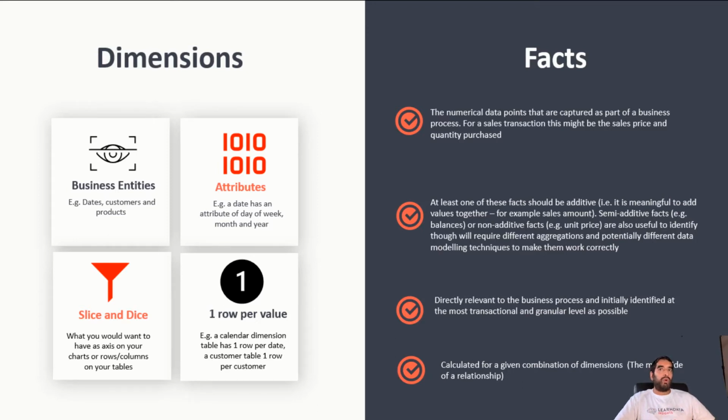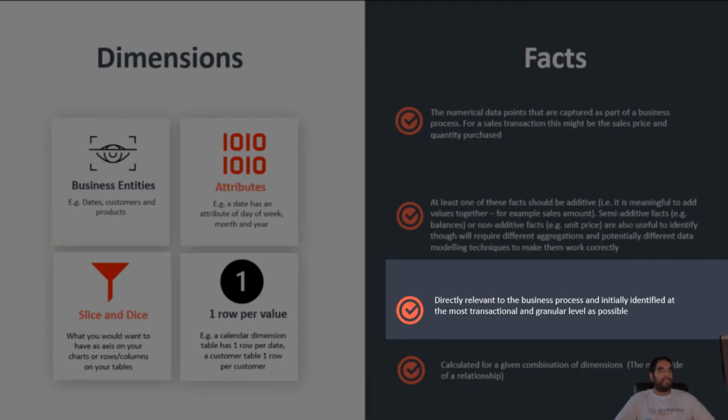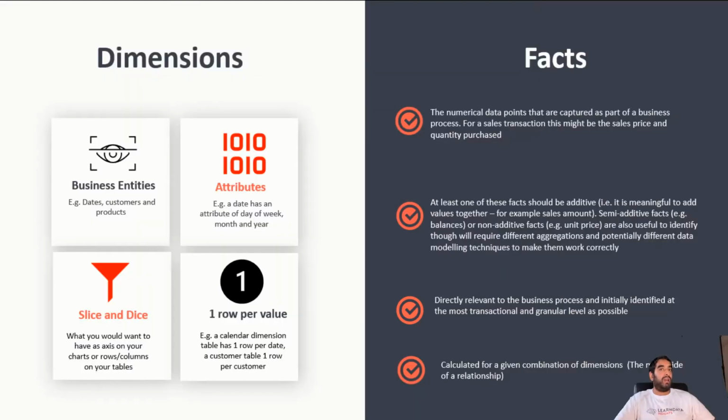And then we also want to make sure that the facts that we capture are directly relevant to the business process. So if our process is sales, we want to make sure we capture facts around the sales amount and those kind of things, rather than say the salary of the person who was serving the customer. That's a numerical value, but not necessarily directly relevant to the business process that we're looking at.